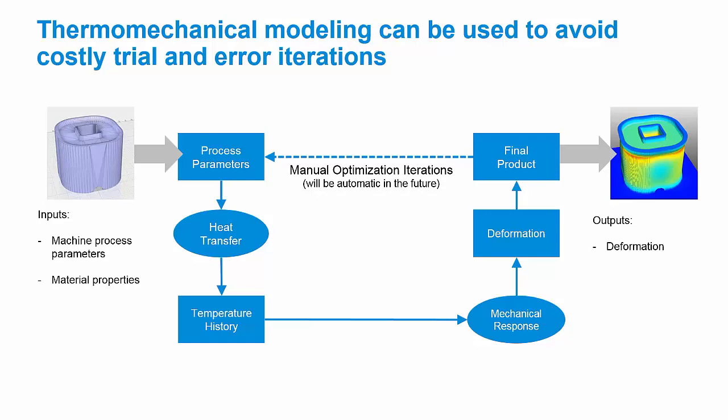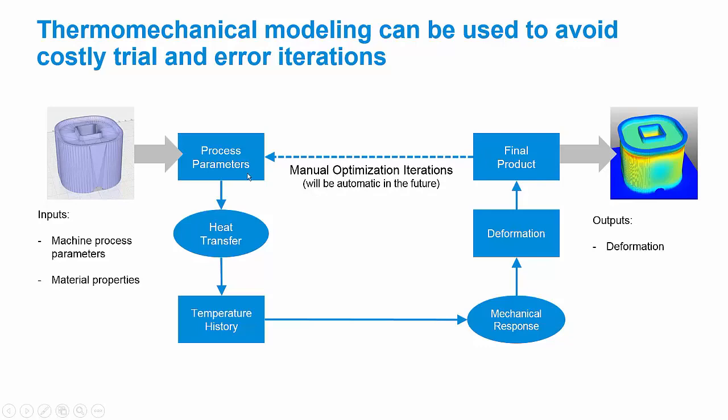You can then take those temperature predictions and feed them into a mechanical response calculation and calculate the deformation and stress of the part during the entire build process. And then you can look at that final product and say, is that something that I really want to build, or does it need some more design iterations before taking that to the machine?